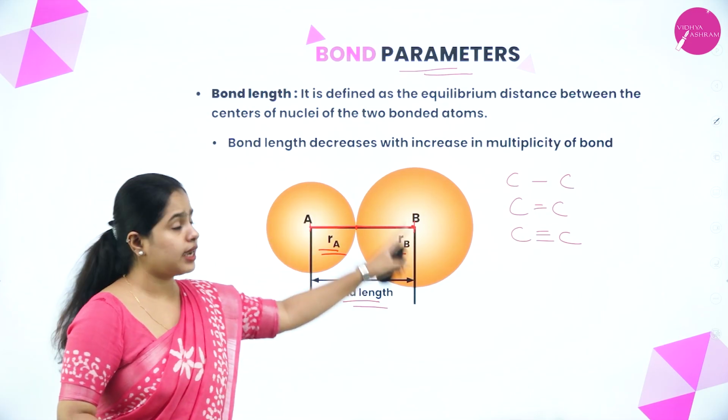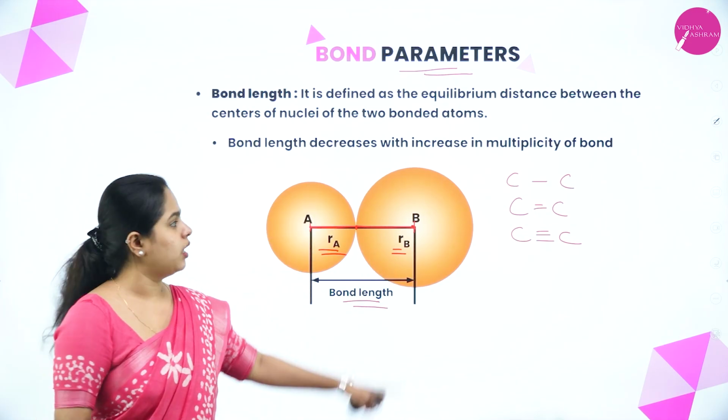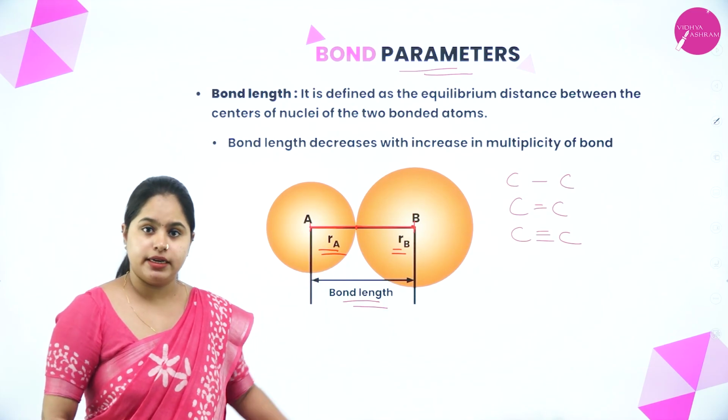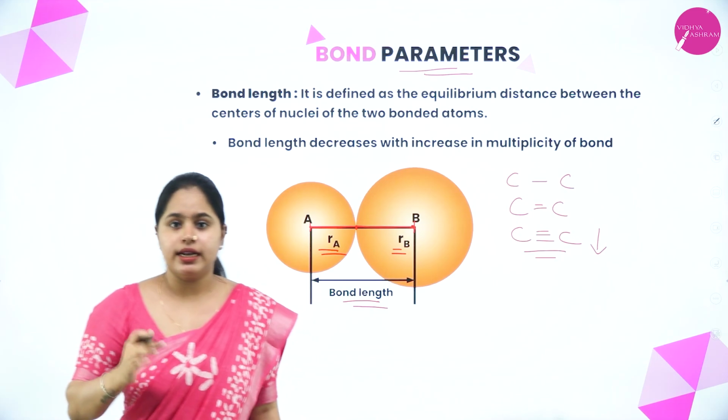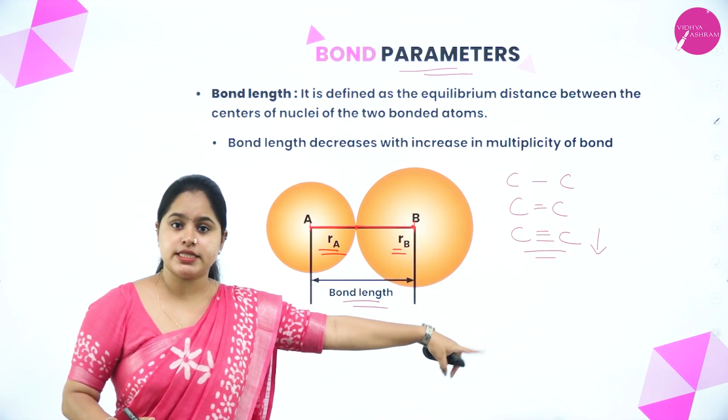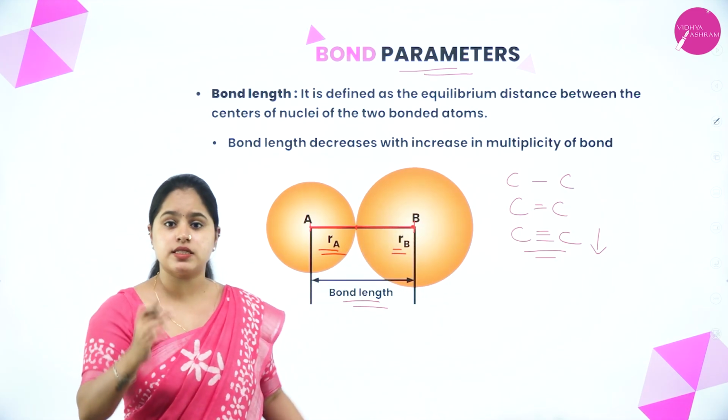So, bond length decreases with increase in multiplicity. Out of single, double and triple bond, triple bond will have the least bond length, because the multiplicity is more there. Multiplicity means the number of bonds.